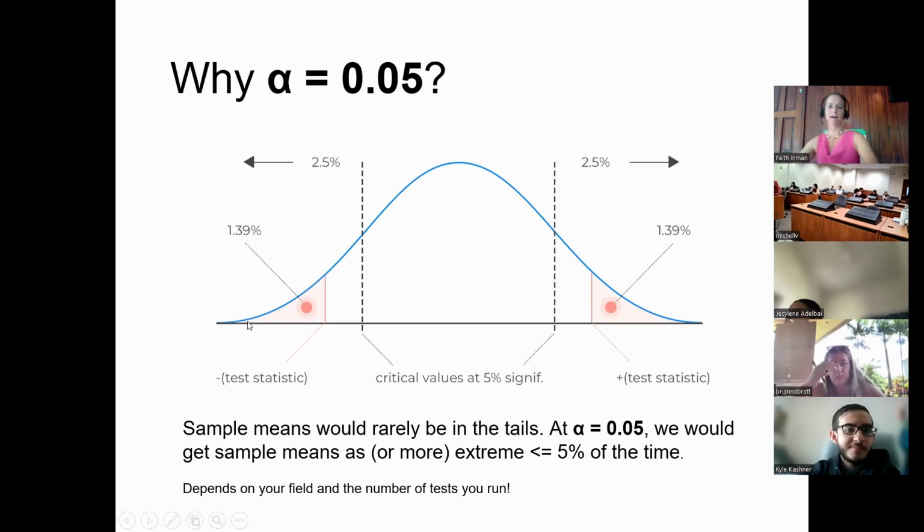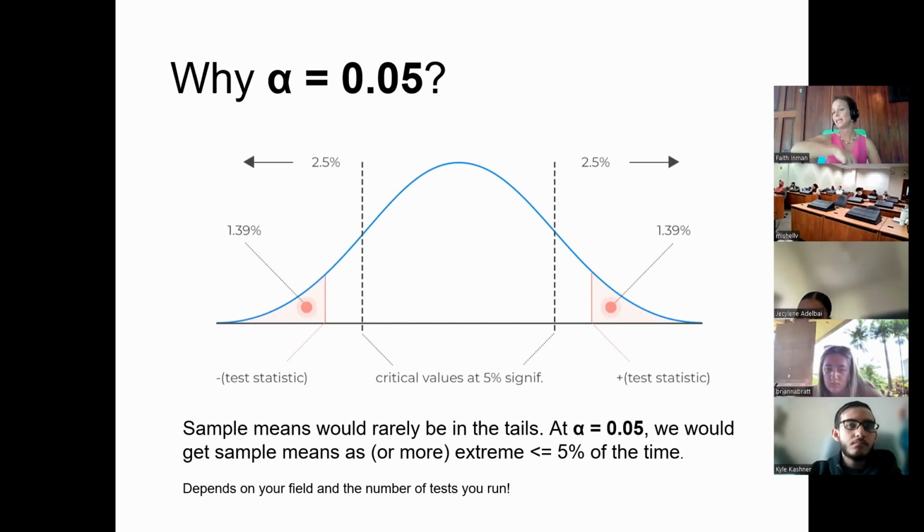Okay, why alpha 0.05? Well, it's historical, it's traditional, it's commonly used, it's well accepted. But it also means this: let's say you had a population, and you take a sample from that population, and you take another sample and another sample.